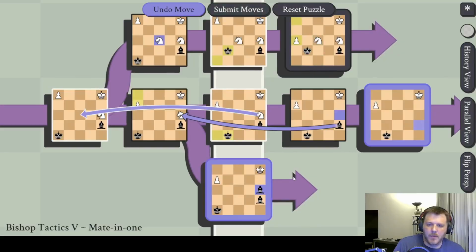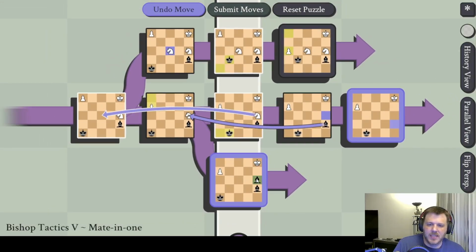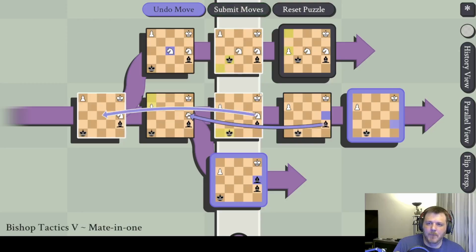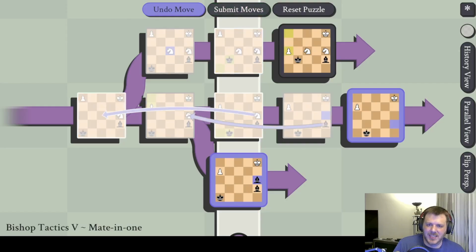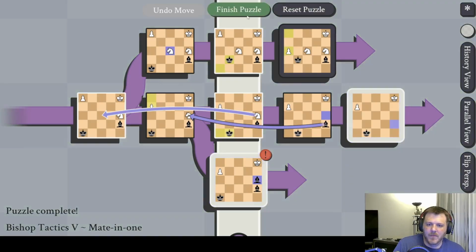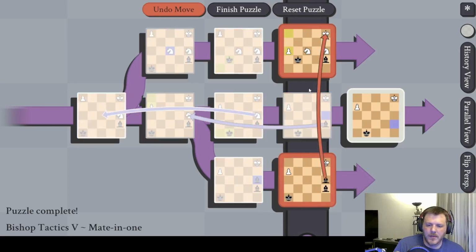So I don't need to worry about this column yet. So what's happening here is the bishop is moving one forward and one across timeline to here. So the bishop is checking this, which means he needs to either get a piece positioned right here that's not a king, or he needs to move this king, which he cannot do because it's already locked in. So, yep, submit moves. Perfect.